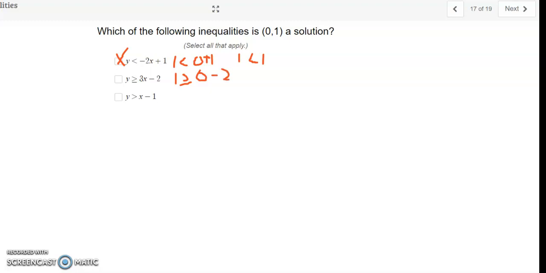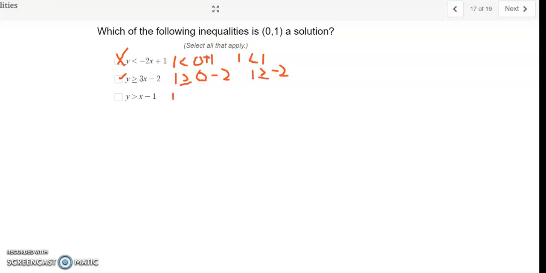So 0 minus 2 is going to be -2, so I'm going to get 1 is greater than or equal to -2. And since 1 is greater than or equal to -2, I'm going to go ahead and say that's true.